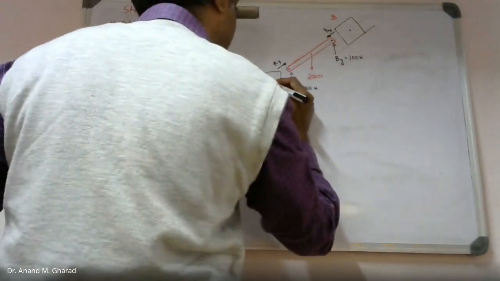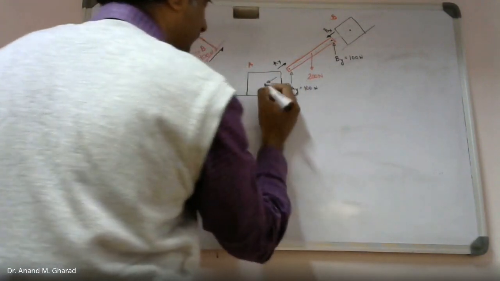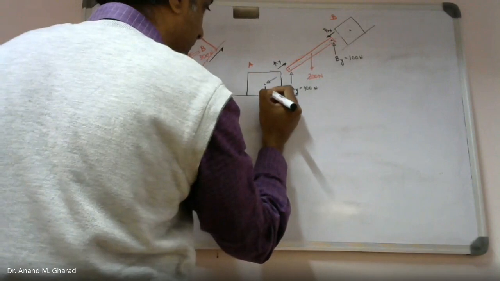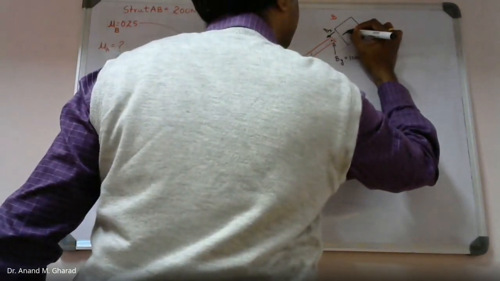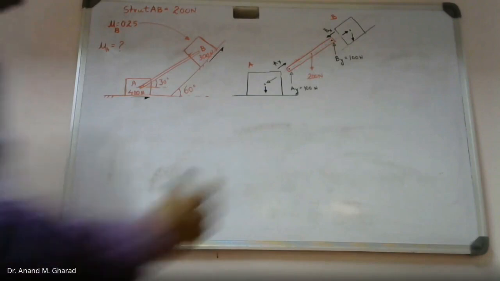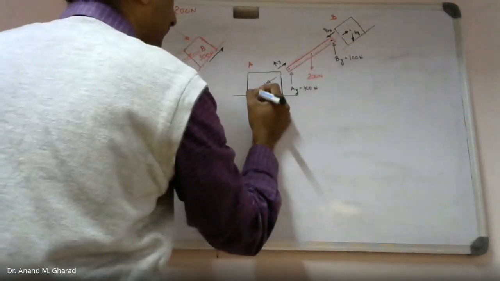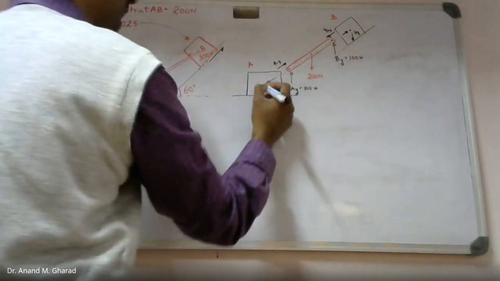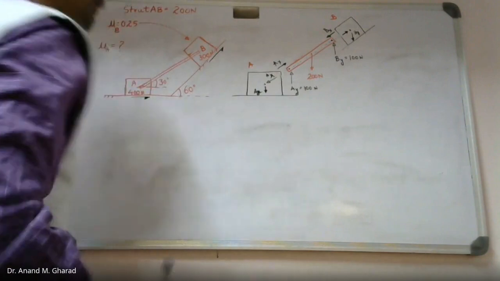Equal and opposite means Ax will be in this manner, whereas Ay shall be in the opposite direction. Similarly, Bx and By. So this is Bx, this is By, this is Ax and Ay. This is Ax.